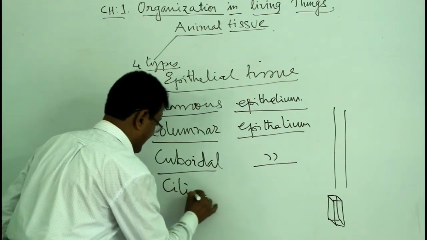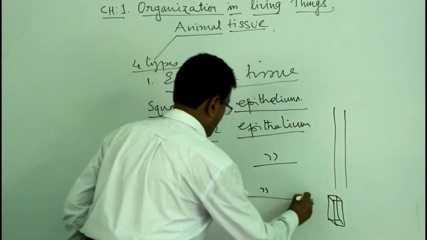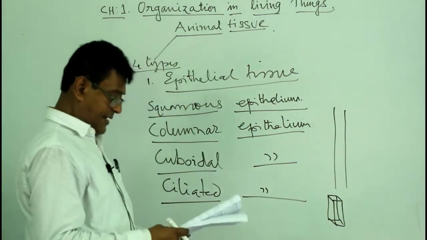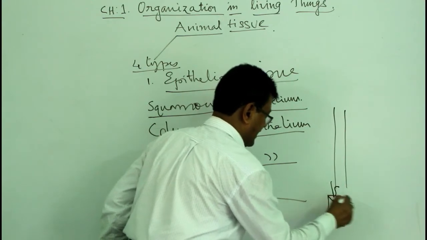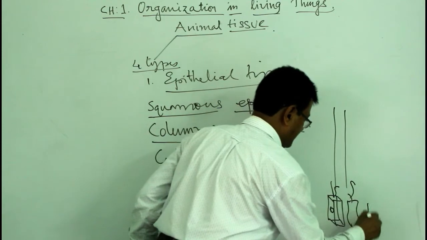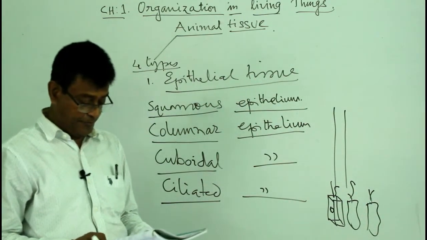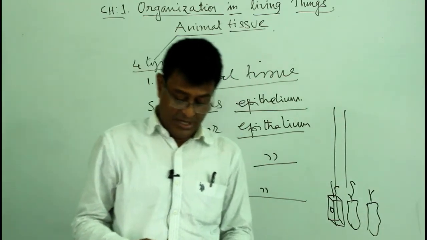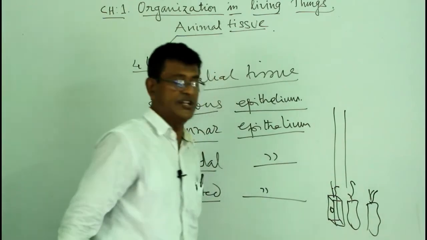Now, there is another epithelial tissue, that is ciliated epithelium. In ciliated epithelial cells, the nucleus is here, and you see there are cilia-like structures over there. The cells of this tissue have hair-like outgrowths.